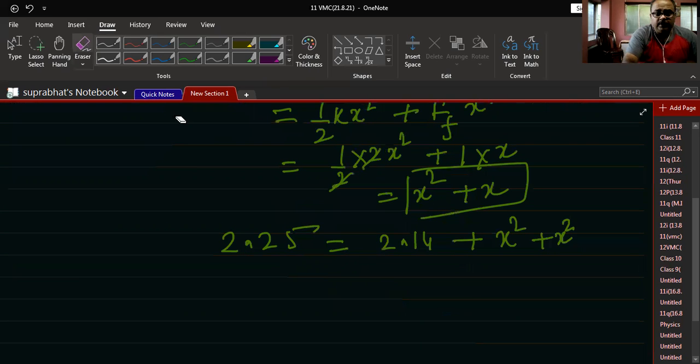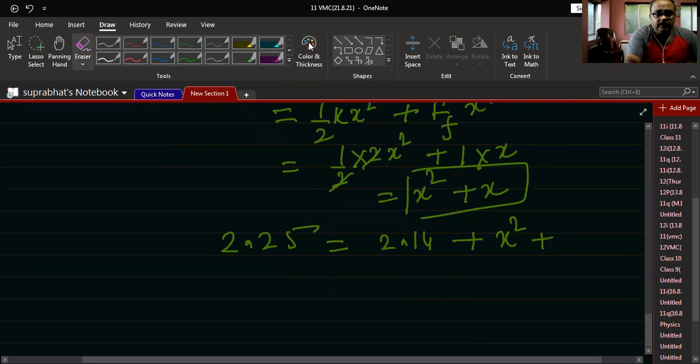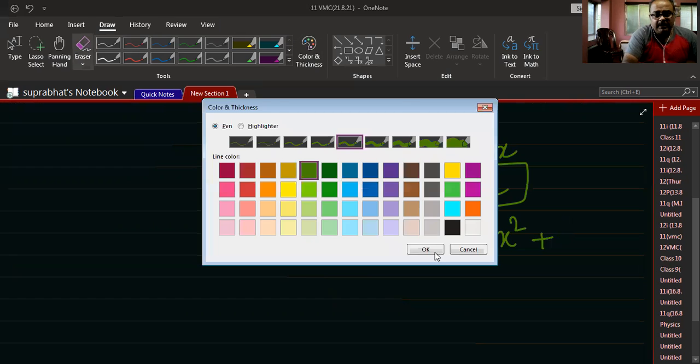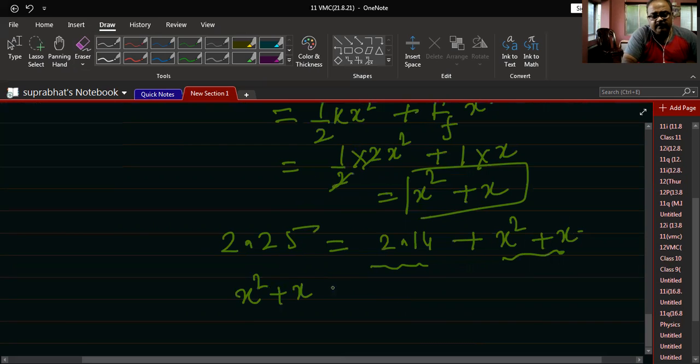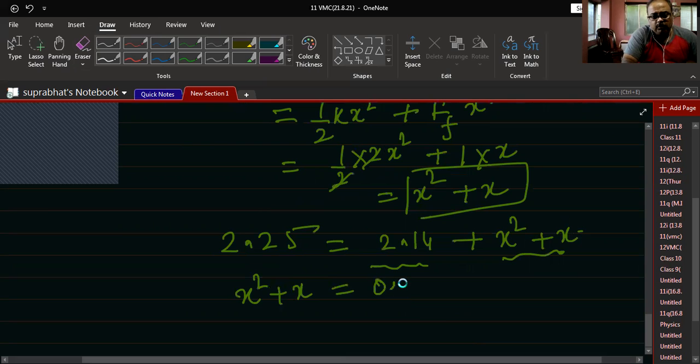Therefore this will be equal to x square plus x. Am I clear to everybody? This is the total energy spent. So we get the equation x square plus x is equal to 0.11, that is x square plus x minus 0.11 equal to 0.